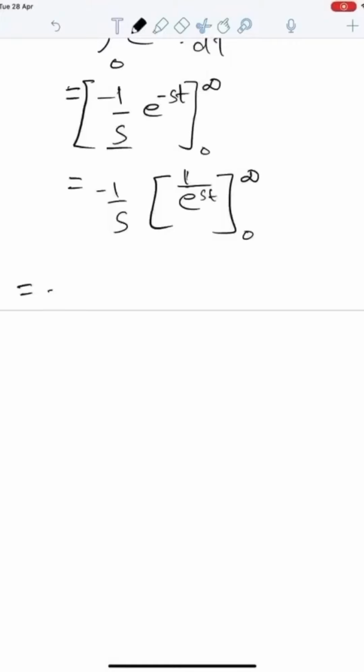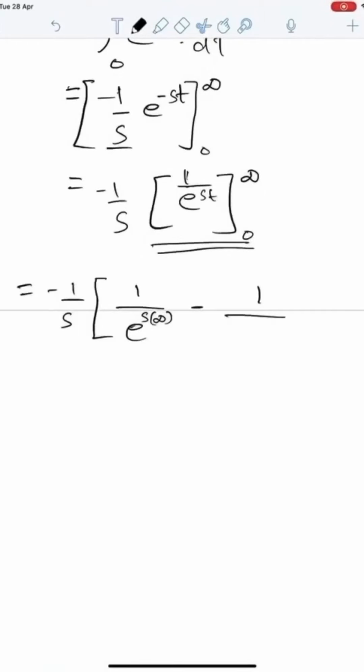Now this would be equal to negative 1 over s times, 1 over e to the power s times t at t equals infinity, minus 1 over e to the power s times t at t equals 0.